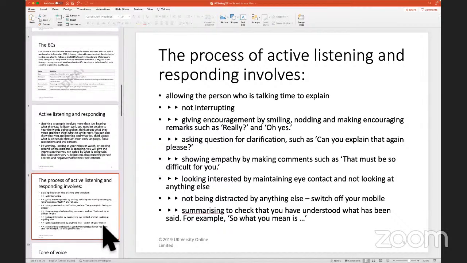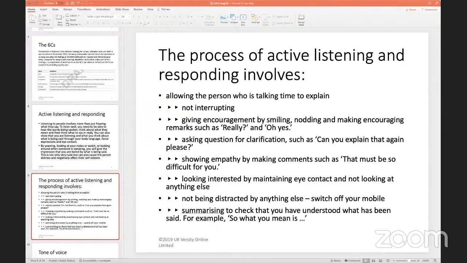Now, there are lots of different types of listening skills. There is active listening, as I mentioned to you, and there is passive listening. Passive listening is when you're eavesdropping on a conversation, or you're basically providing a shoulder to somebody who's talking to you. In those cases, you are patiently listening to the individual without reacting.